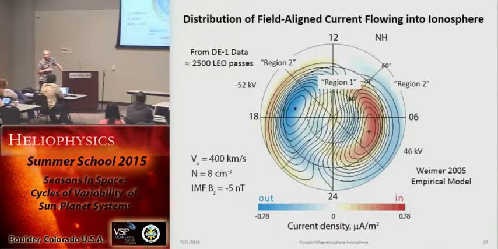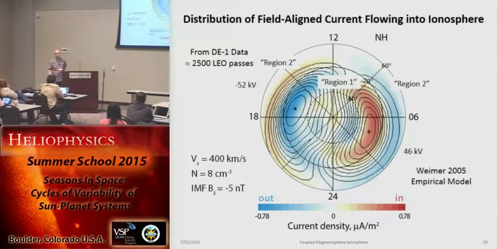This is a little bit harder than the other parts. Well, so if the conductivity were uniform everywhere, the Joule dissipation goes like sigma_P E squared. So the conductivity, sigma_P, the Pedersen conductivity, times the electric field squared.